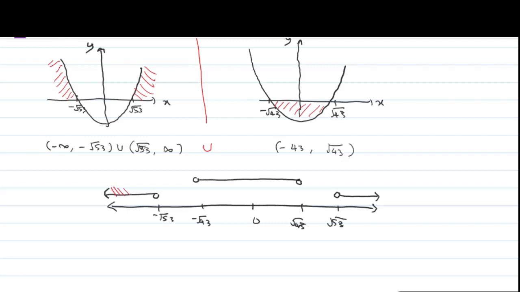Union means we are going to shade all the intervals that exist. So that means here the solution is from negative infinity to negative square root of 53 union negative square root of 43 to square root of 43 union square root of 53 to infinity.